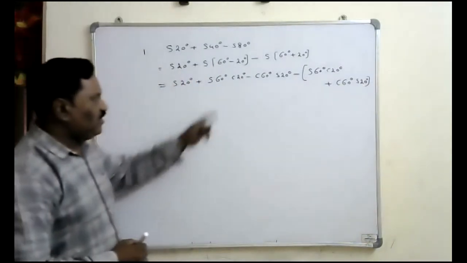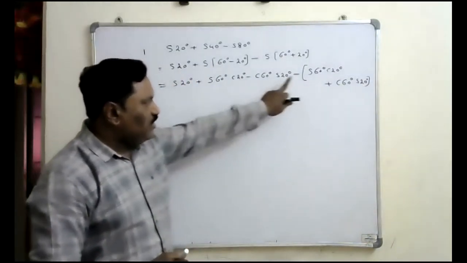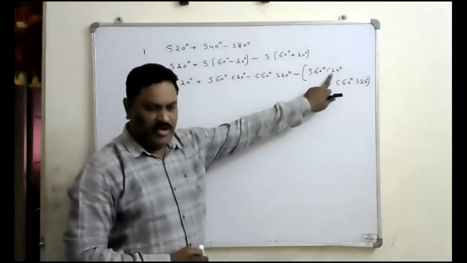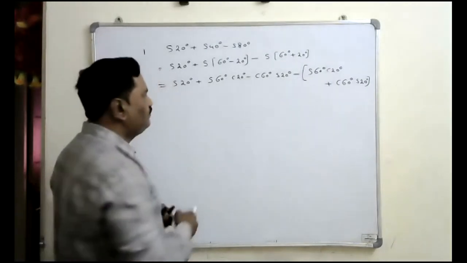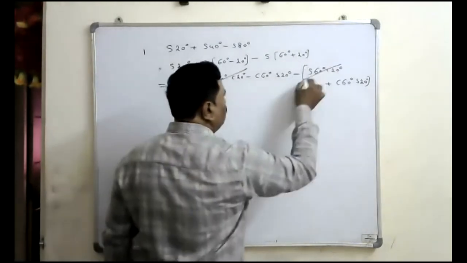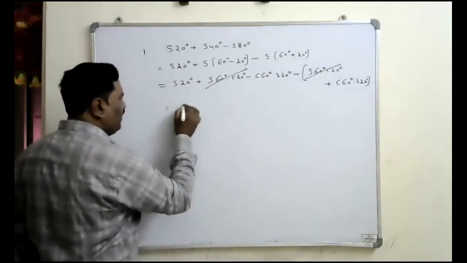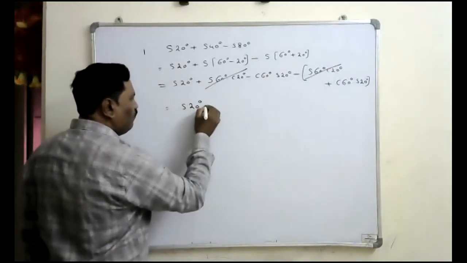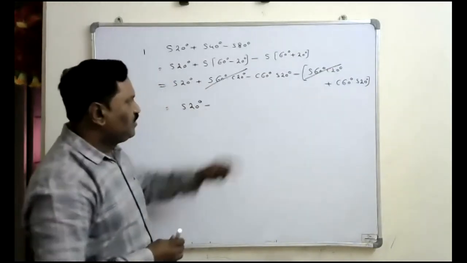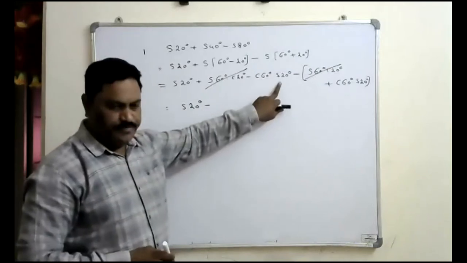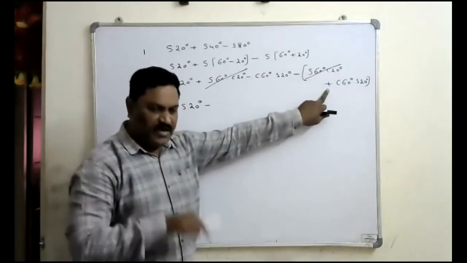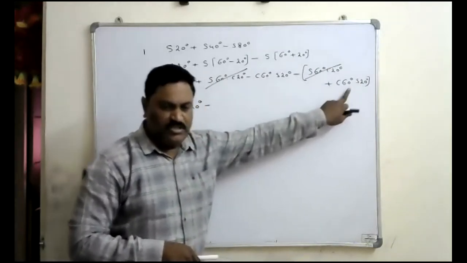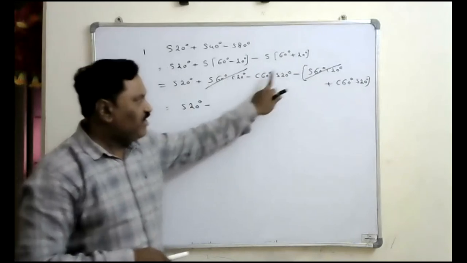If you expand that, your sine 60 cos 20 minus sine 60 cos 20, these both are getting cancelled. Then it is sine 20 degree minus, observe here, cos 60 sine 20, minus into plus, that is minus cos 60 sine 20. These two are the same terms, available 2 times.